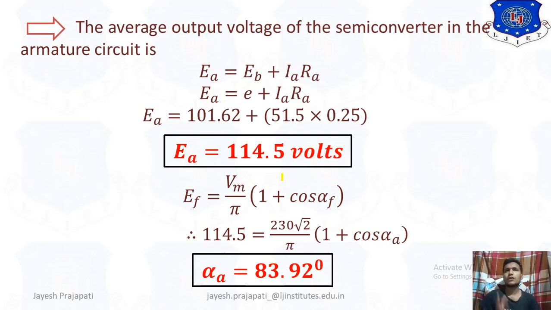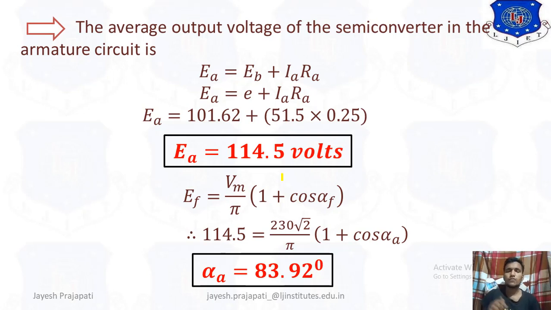That is the firing angle of the control device used in the converter drives. A rectifier can use a diode, but for the semi converter drive we have to control the speed by some angle. So we have to use an SCR, silicon controlled rectifier, having 3 terminals: anode, cathode and the third, the gate terminal. With this gate terminal we control the DC voltage.